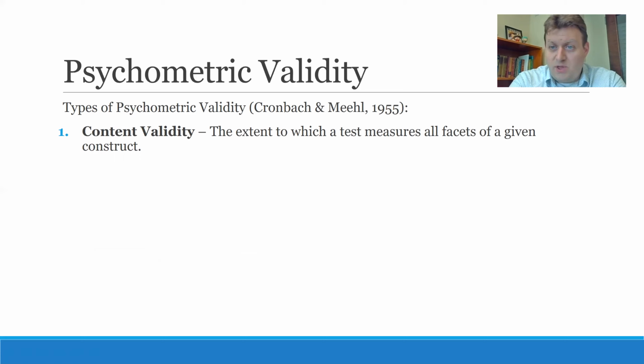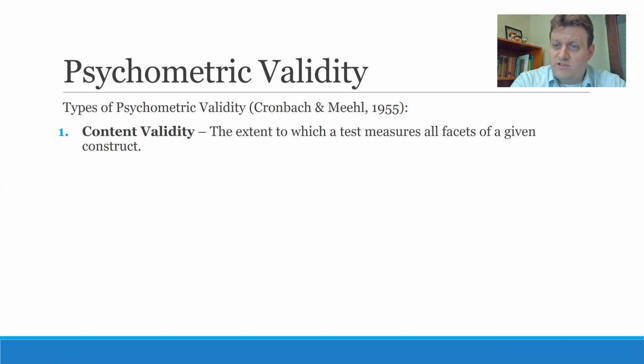And because Cronbach and Meehl hated undergraduate students, all of these different types of validity begin with the letter C. So they're going to be confusing for you. I just want you to keep that in your mind because you might be confused by these things, and it's important that you're able to distinguish them. All right, so they are content validity, criterion validity, and construct validity.